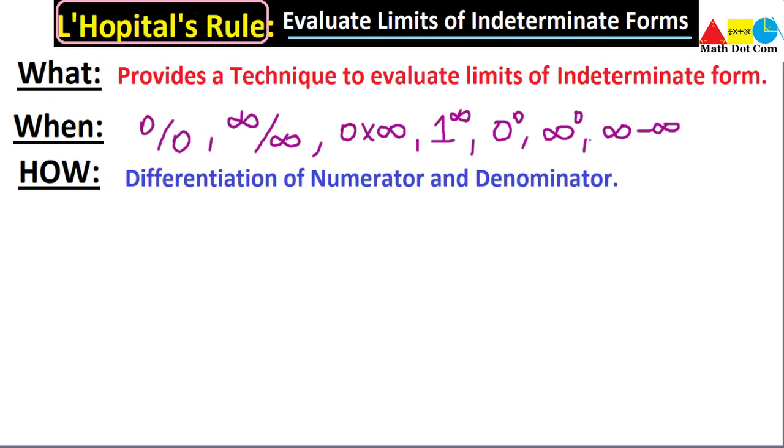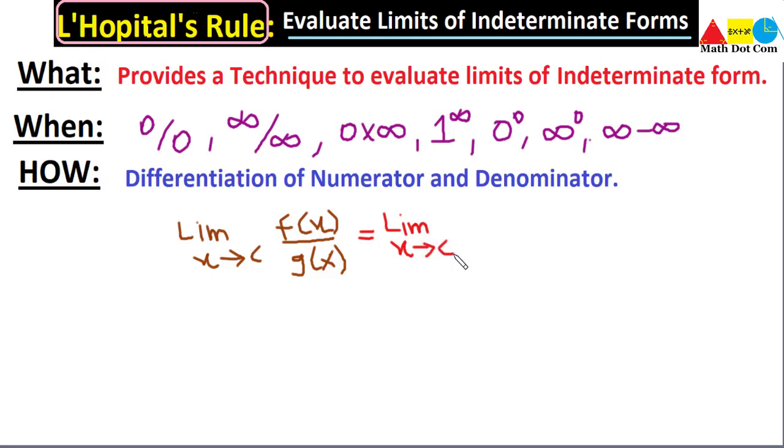So, differentiation of numerator and denominator. Let's see how. If we come across a limit like limit x approaches c, which could be any value, of the function f of x divided by g of x, then while using L'Hopital's rule, the limit will remain there as x approaches c.